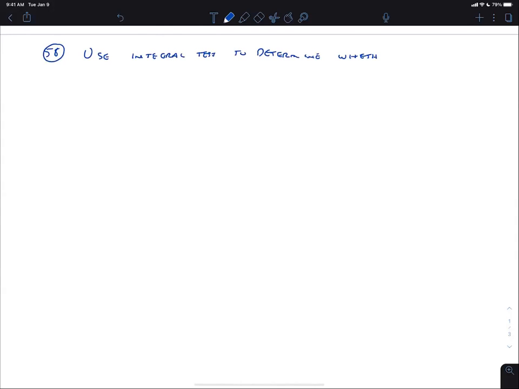And this is not one we want to normally use the integral test on, but it's telling you, okay, n equals 1 to infinity of n over n squared plus 4.